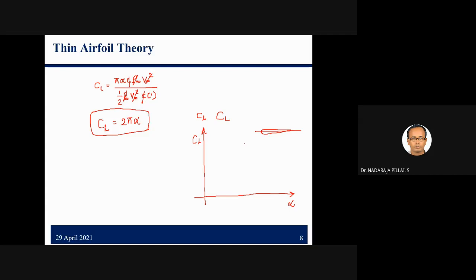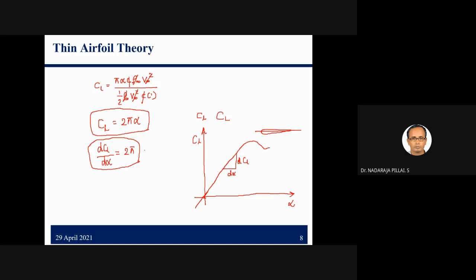So this is for a symmetrical airfoil, and hence I can draw this should be 0, something like this. Now here we want to calculate the lift curve slope. So this is dcl and this is d alpha. So dcl by d alpha is equal to 2 pi.